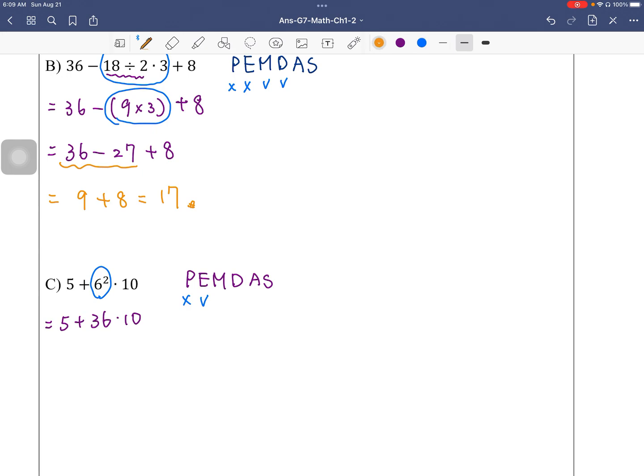I do have multiplication, division. So I end up with 5 plus 360. Then we do addition, subtraction: 365.